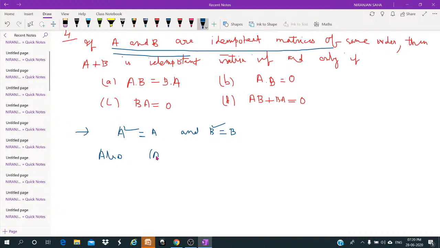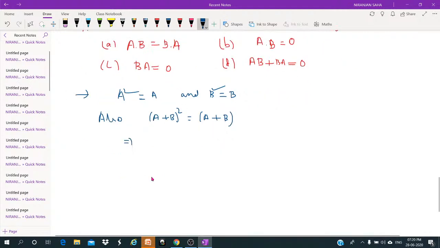If this is an idempotent matrix, then A plus B whole square is equal to A plus B. Then it implies that A plus B into A plus B is equal to A plus B.